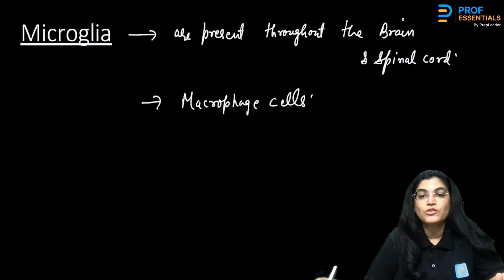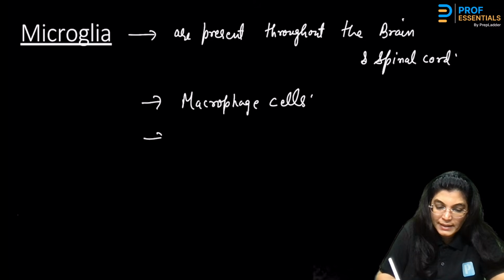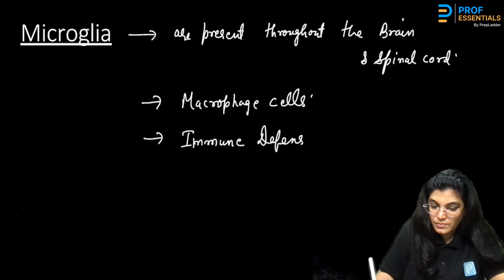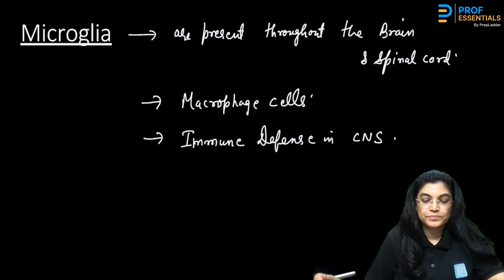They phagocytize foreign invasion, so they act as the immune defense in the central nervous system.